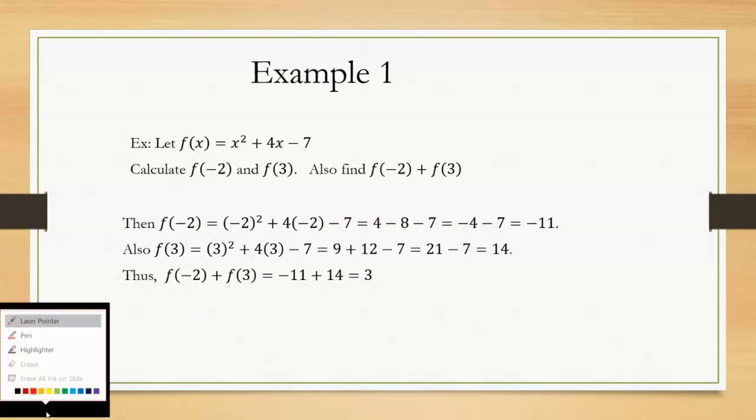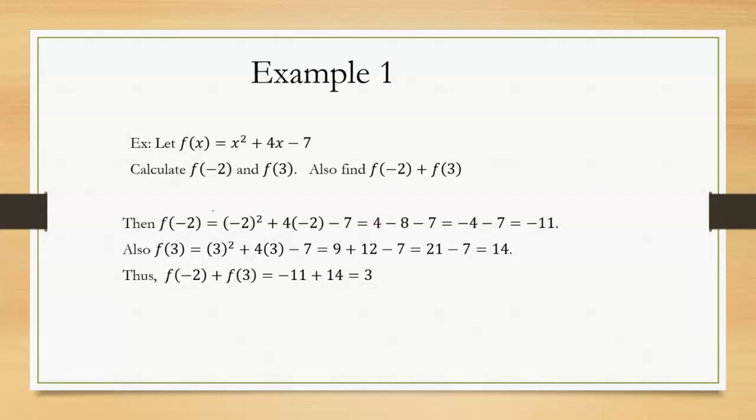So let me get that pen. So from here, we get that -2 under our wonderful function. Okay? -2 goes in, f of -2 comes out, right?